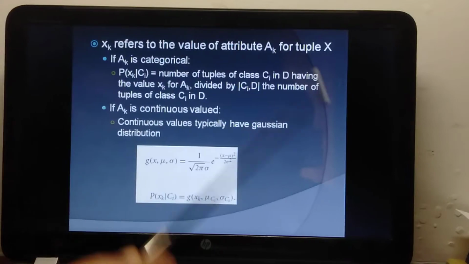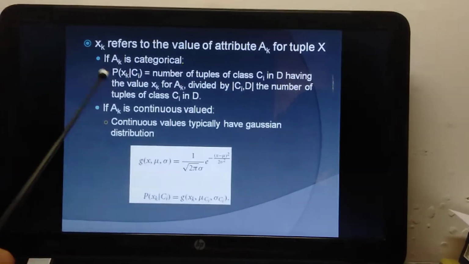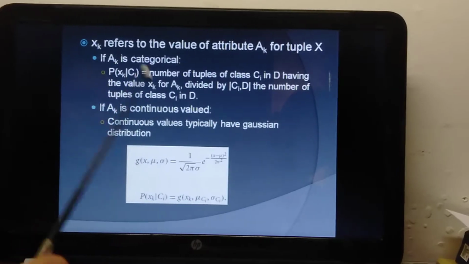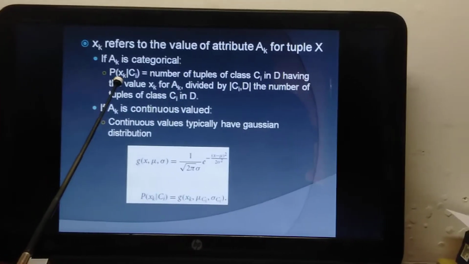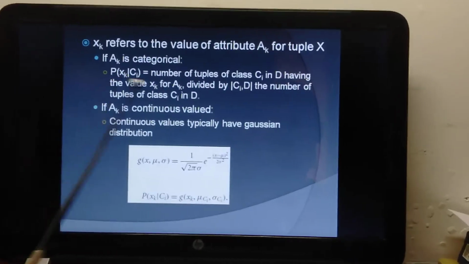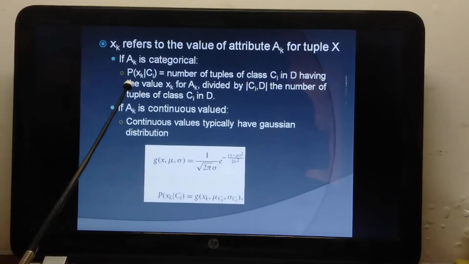So look at the age attribute and find how many of those tuples with yes have youth, then middle-aged, then senior. Then divide by the total number of yes values in Ci. That is how you will get P of xk given Ci. For youth you find it separately, for middle-aged separately, and for senior separately, and multiply the values to get the total value of that particular attribute.